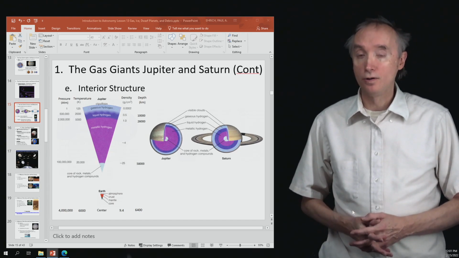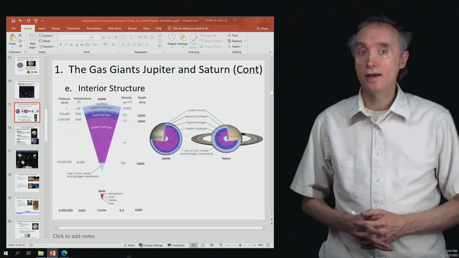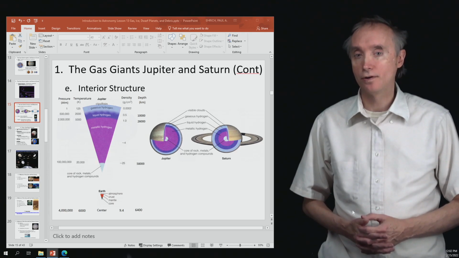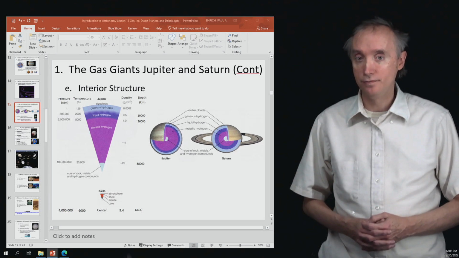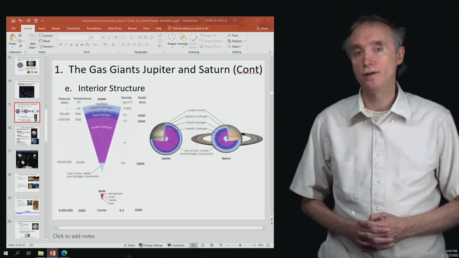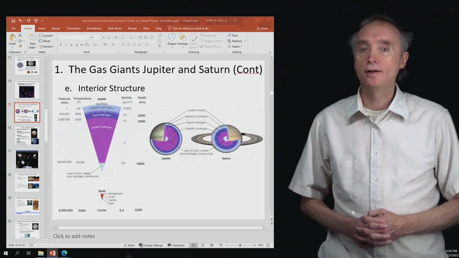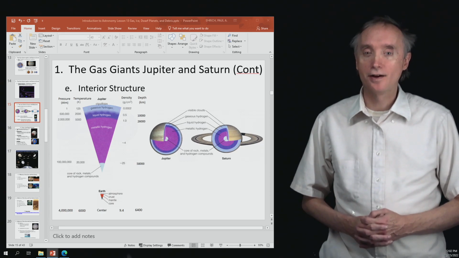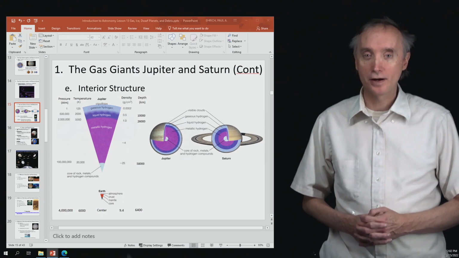But all of the gas giants and the ice giants are going to have in their middle something about the size of the Earth, and it would be solid, and we just don't know what it would be composed of.